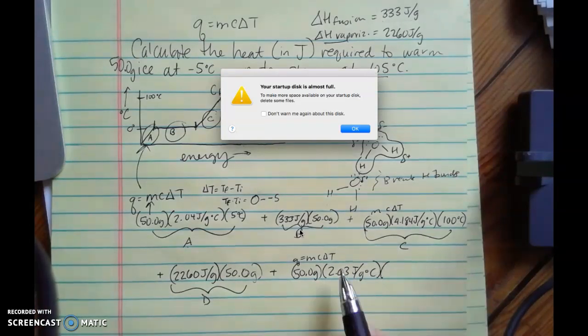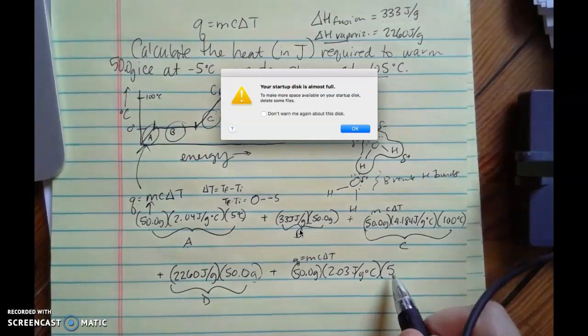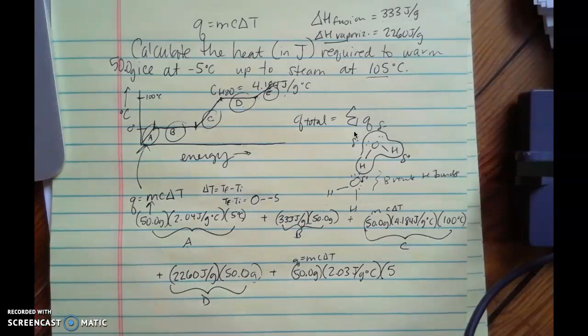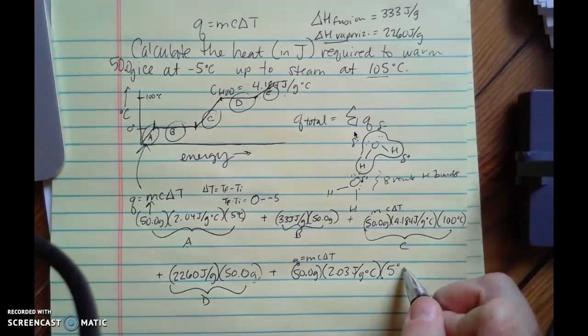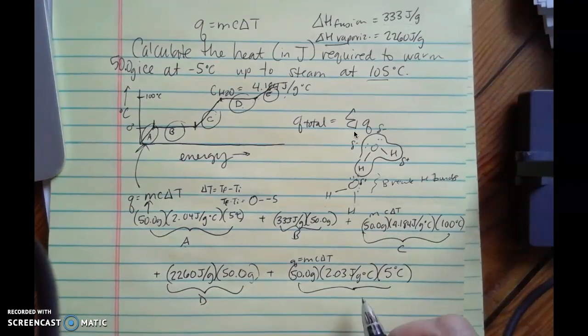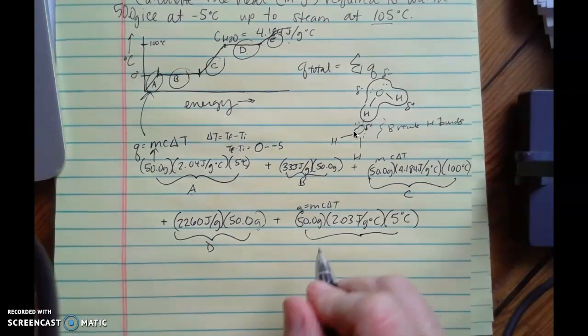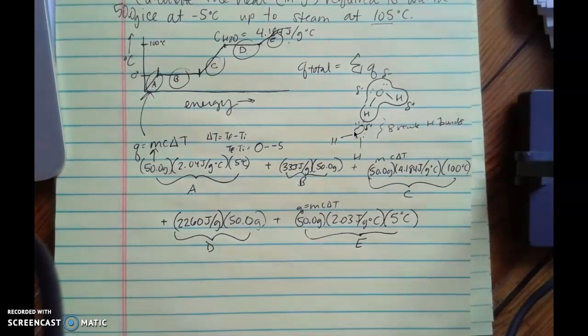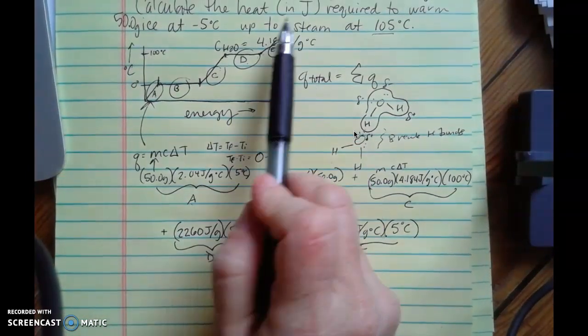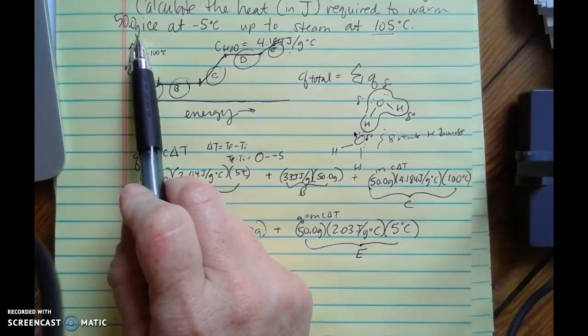And my temperature change is going from 100 to 105. And so that is a 5 degrees Celsius temperature change. All of that would be my segment E.